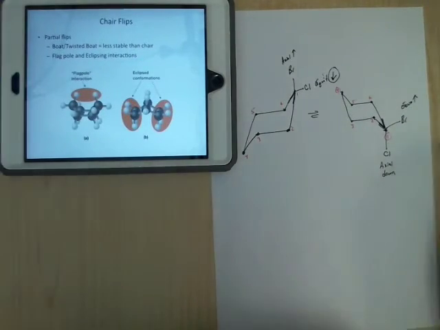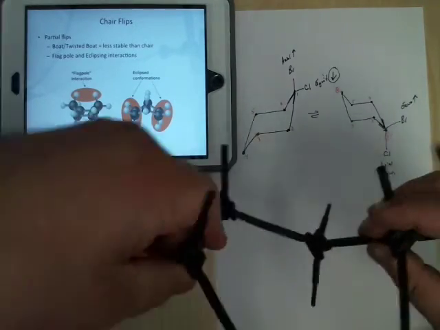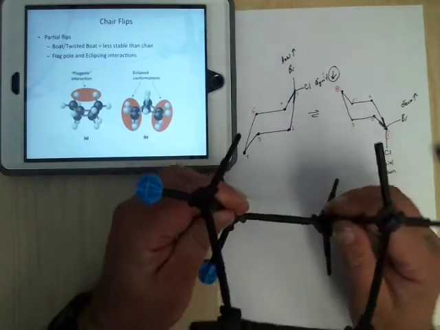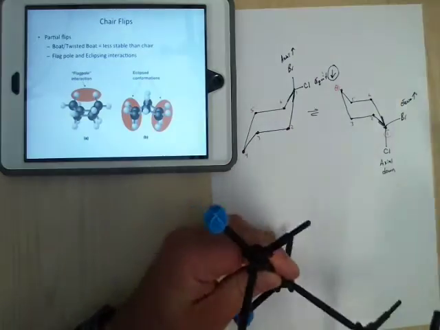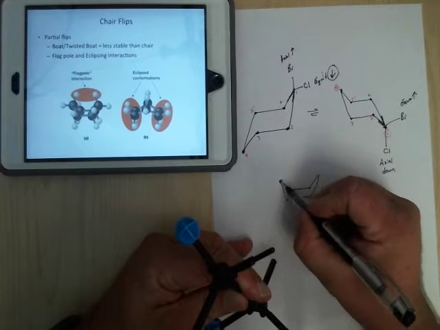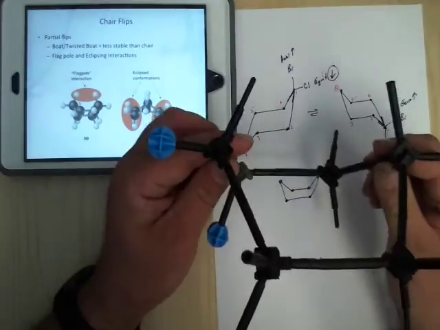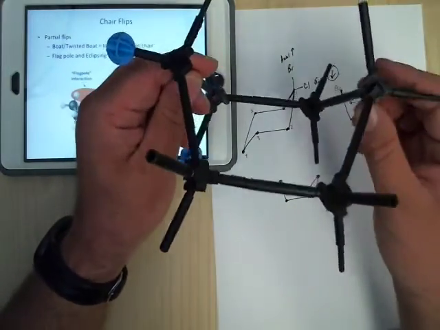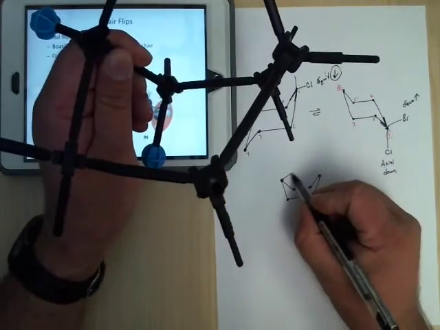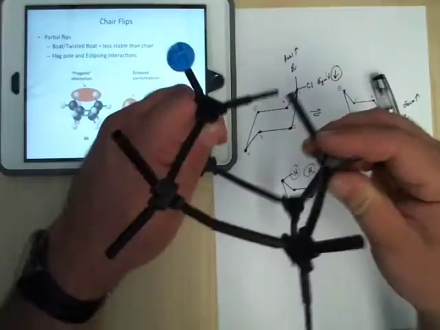You can get partial flips. Let's say you're like this. Let's say we move that up. Now before we get a chance to move this down, you get what's called the boat configuration, right? It'll look like a paper boat, like that. The problem is, you kind of see that here, notice how you have these two hydrogens facing each other, and they can start bonking into each other.